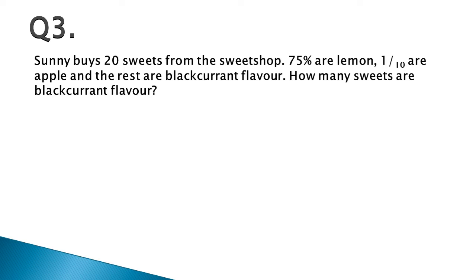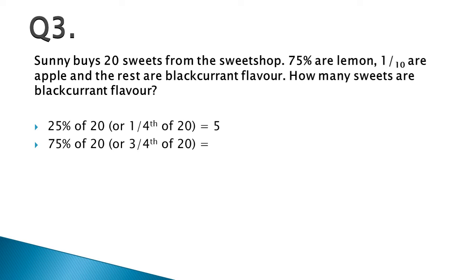So let's start by finding 1/4, which is 25% of 20. So 1/4 or 25% of 20 is 5. So if 25% of 20 is 5, that means 75%, which is 3/4 of 20, should be 5 times 3 equals 15. So the number of lemon sweets is equal to 15.